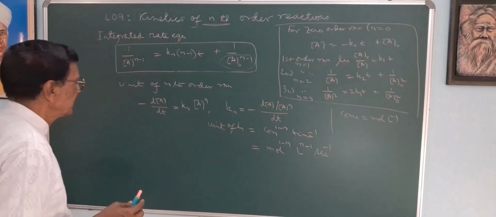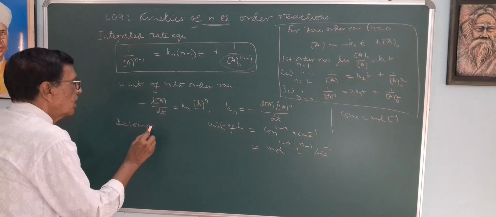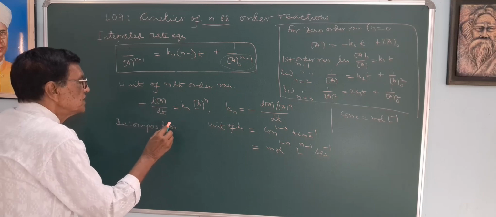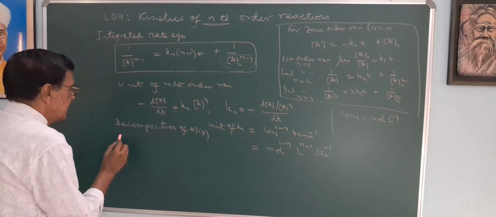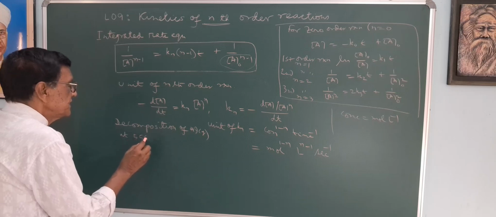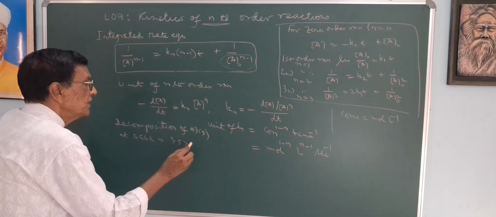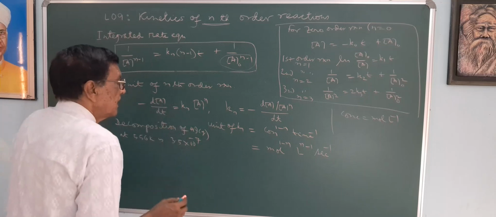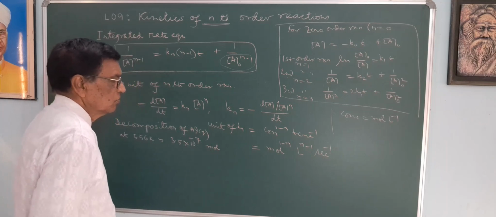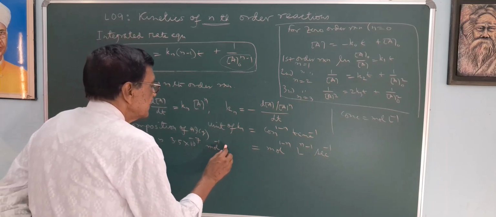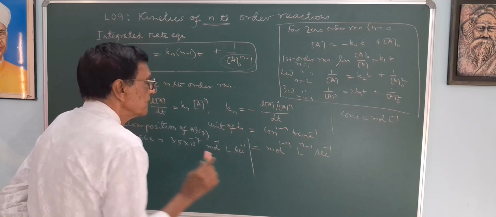Say one example I can give you: the decomposition of hydrogen iodide in gaseous state at 556 Kelvin, the rate constant is 3.5 into 10 to the power minus 7, mole inverse liter and second inverse.